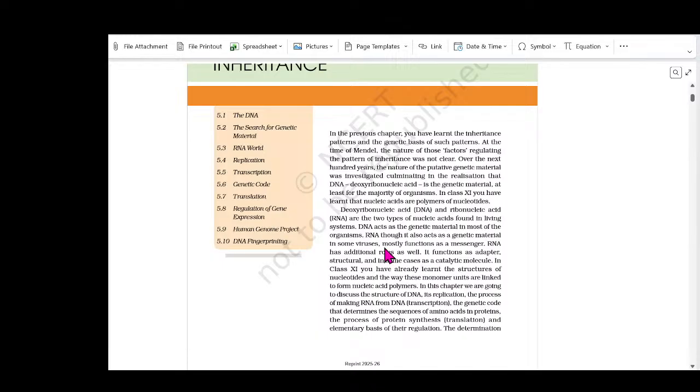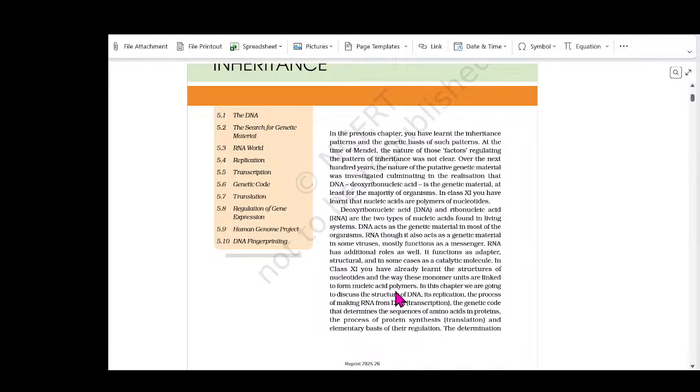Mostly functioning as a messenger, RNA has additional roles as well. It functions as adapter, structural, and in some cases as a catalytic molecule. In class 11, you have already learned the structures of nucleotides and the way these monomer units are linked to form nucleic acid polymers.